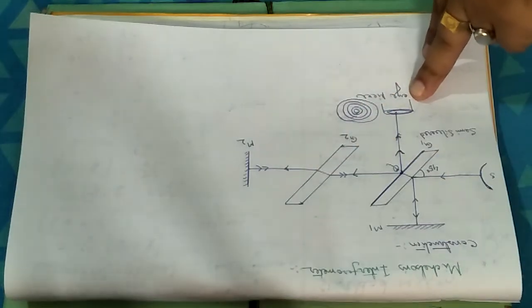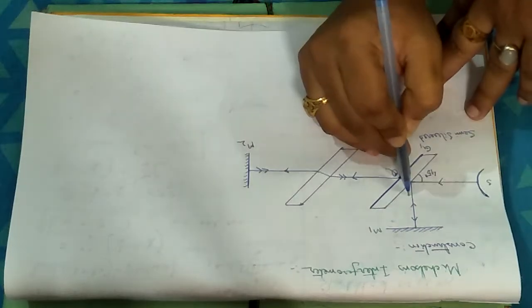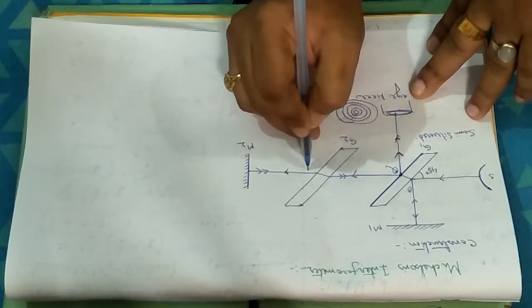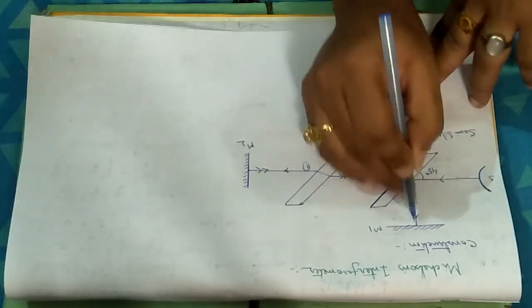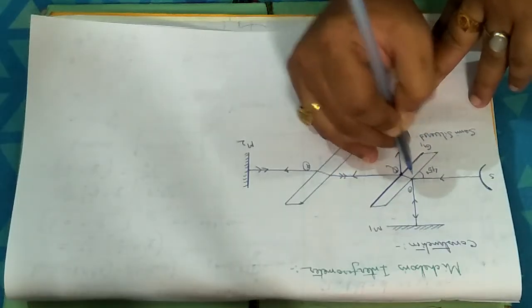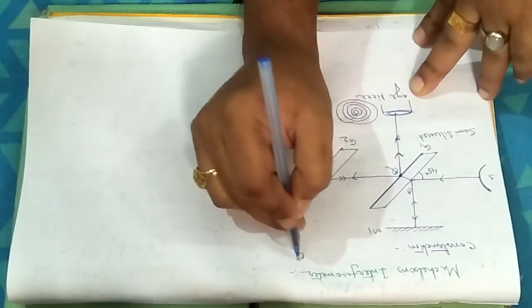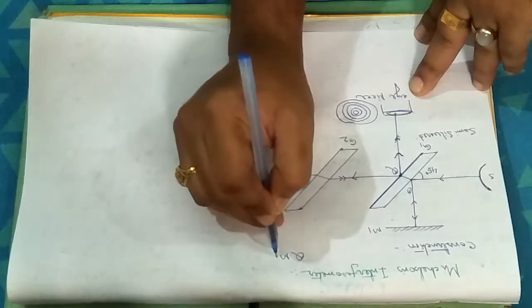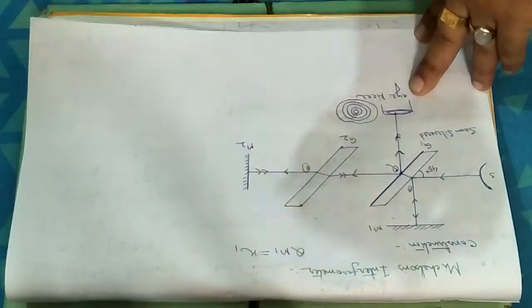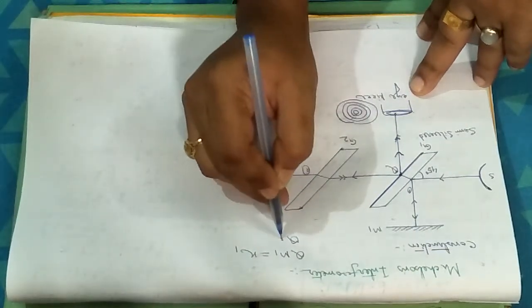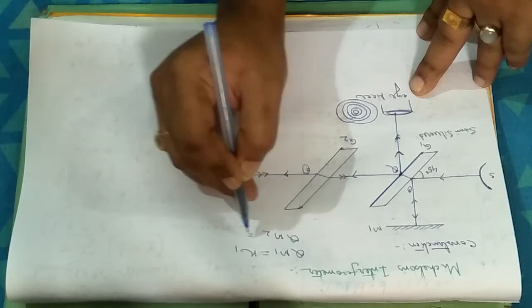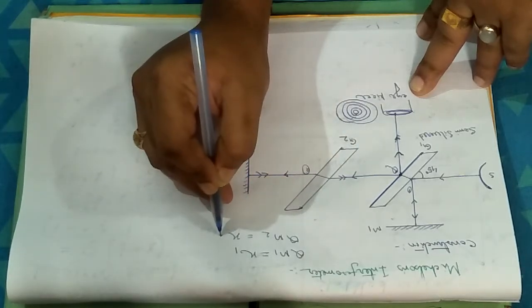I am bothered about the other path. If this is ray 1 and this is ray 2, the first ray is going upwards and coming downwards. So let me assign QM1 equal to x1, and QM2 equal to x2.